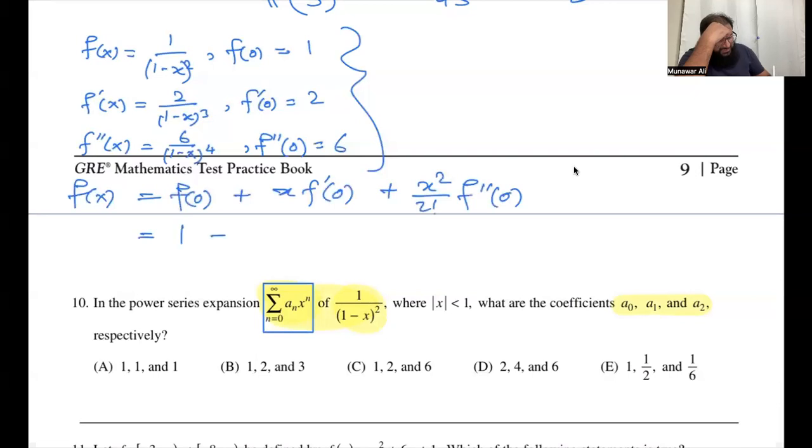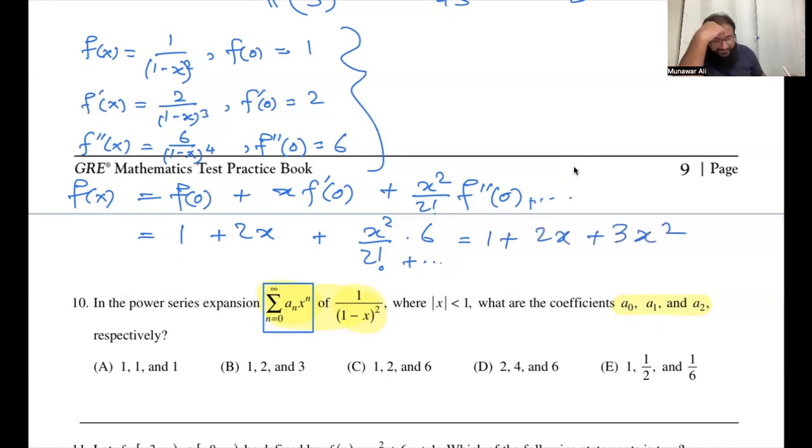So f of 0 is 1 plus x times f prime of 0, which is 2, plus x square over 2 factorial times f double prime of 0, which is 6. So I have 1 plus 2x plus 3x square because 6 divided by 2 factorial is 3.